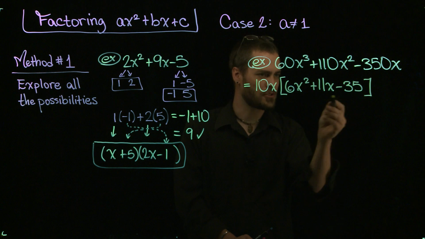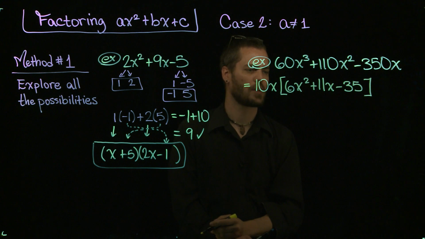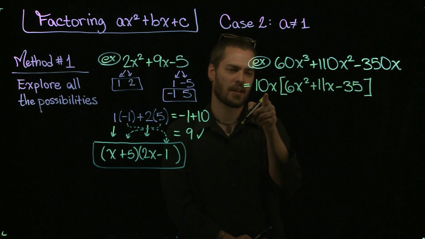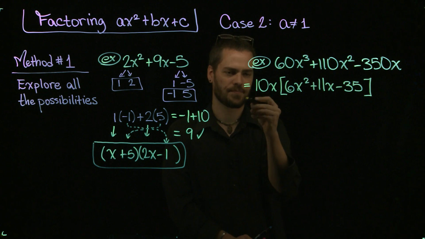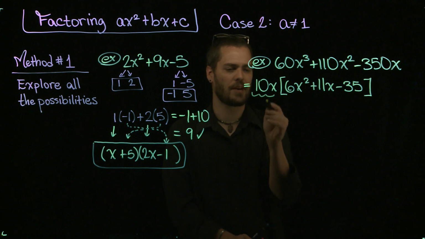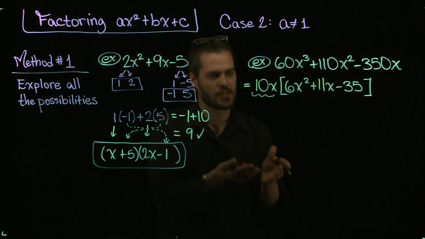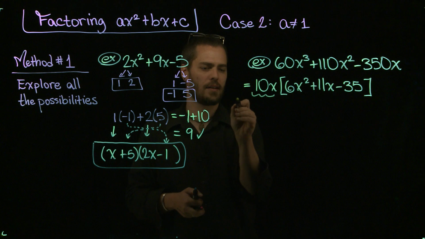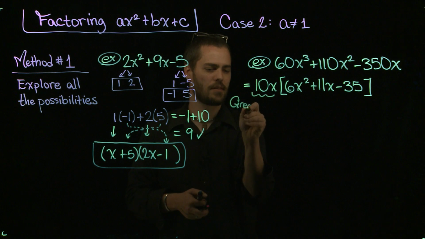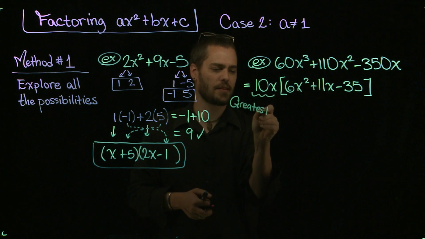Now this looks like a trinomial I can work with, ax squared plus bx plus c. The thing that I took out right here, we can just call it a common factor. If we take out the largest common factor possible, that has a name, it's called the greatest common factor.